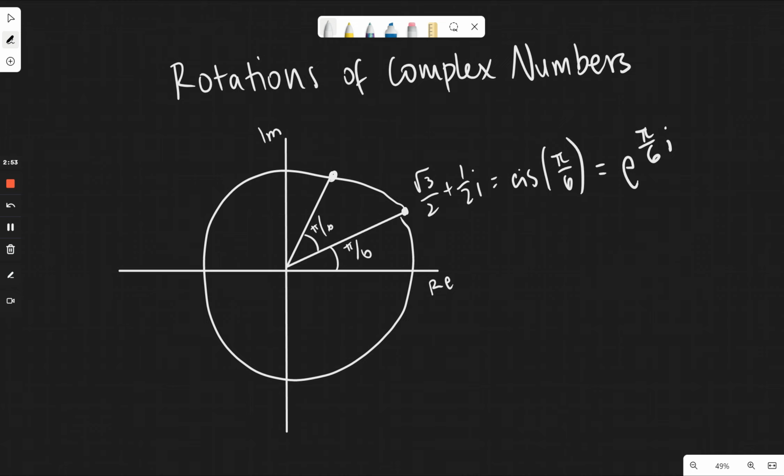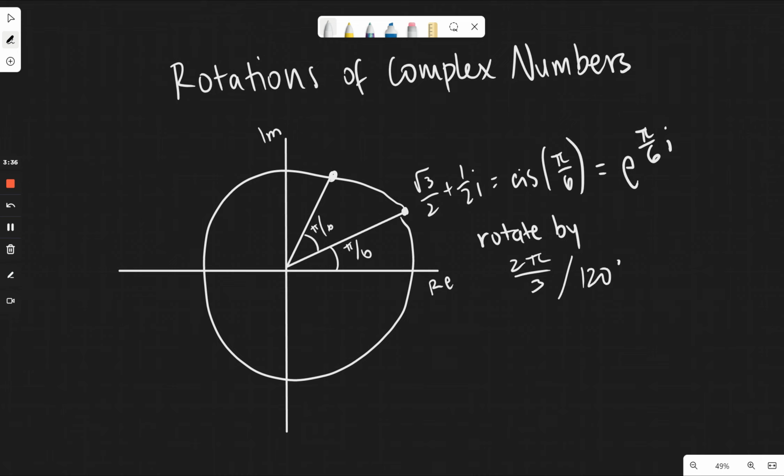And if you want to rotate this by, let's stick to 2 pi over 3 radians, then to this angle you're just adding 2 pi over 3. So 2 pi over 3 radians is 120 degrees.